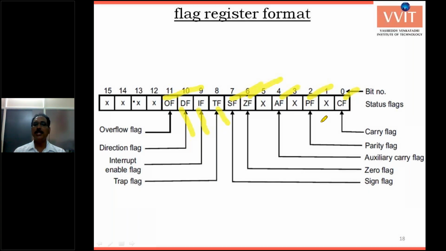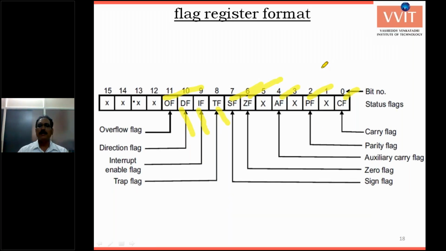Even parity means the total number of ones in the result plus the parity flag status is even. Otherwise, Motorola or AMD processors support odd parity.